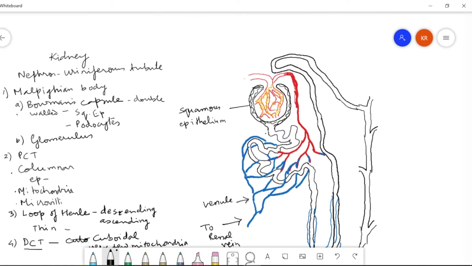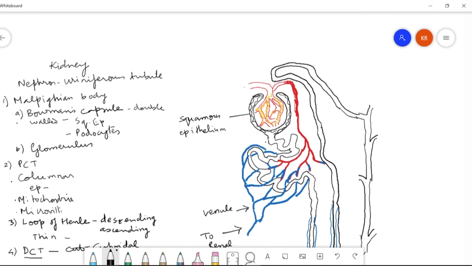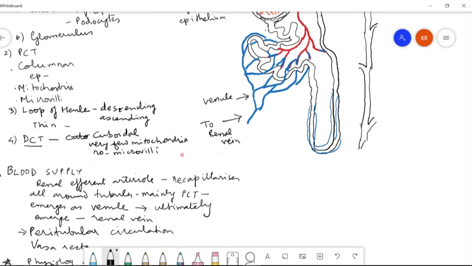Let us get back to this diagram. In this part now, there is blood that is coming here with a lot of force, and when that blood or that fluid is hitting the walls, naturally there is a lot of pressure created. It breaks up into capillaries, but the diameter of the renal efferent arteriole is much smaller. So this creates a greater pressure over here. Because of this very great pressure, the blood is forced down.